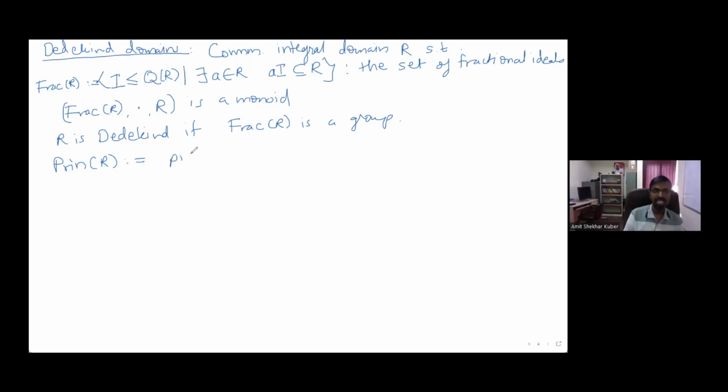So principal fractional ideals are generated by just one element. Now these principal fractional ideals will always be there. You can't do anything about them. So if you quotient out, and they also form a subgroup.